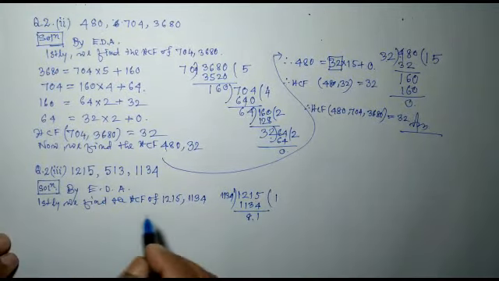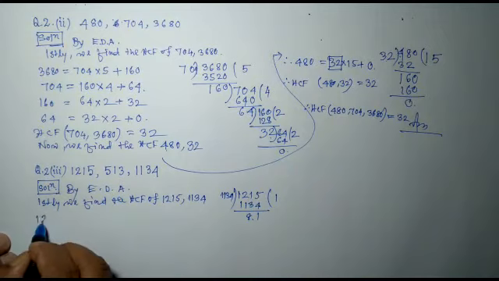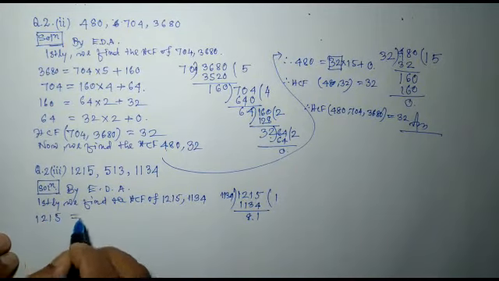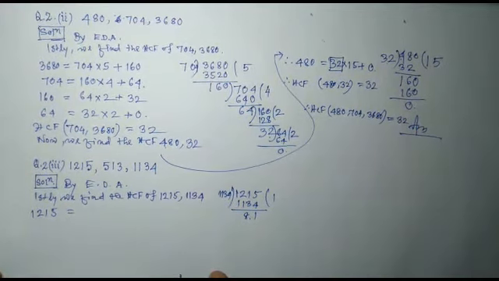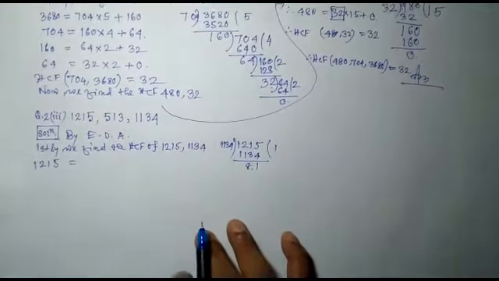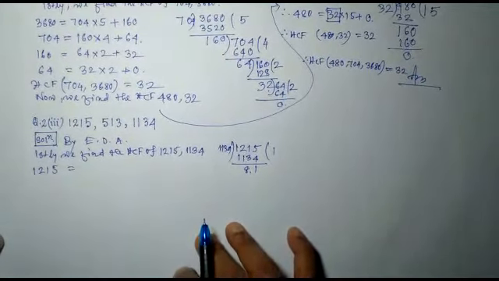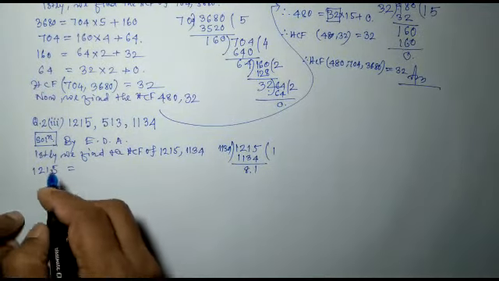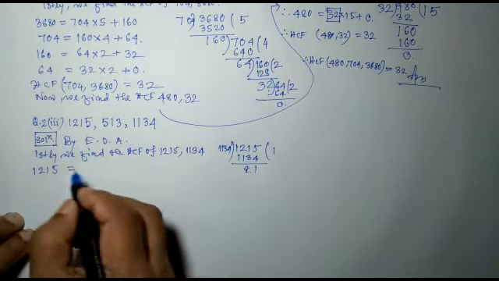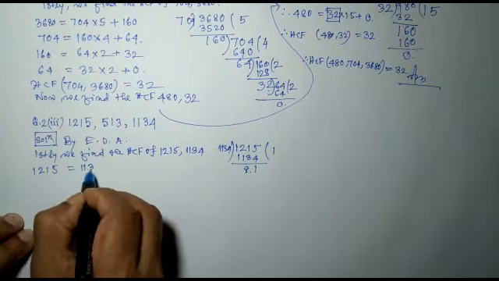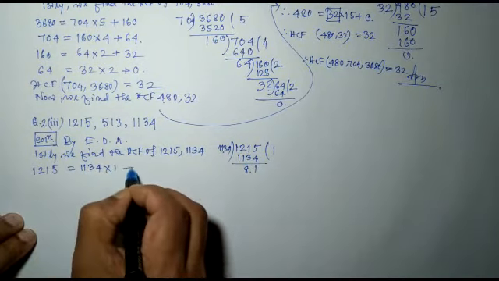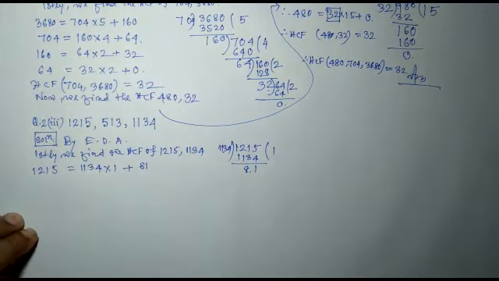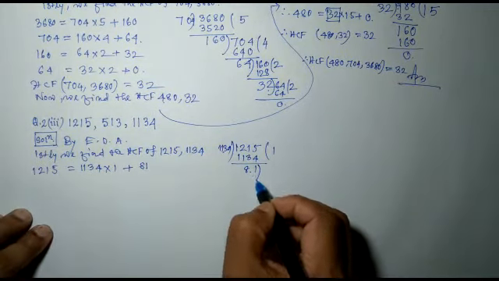So we write for this, the dividend 1215 is equal to 1134 divisor into quotient 1 plus remainder 81, and we will continue the division.